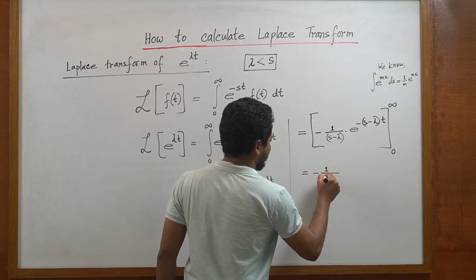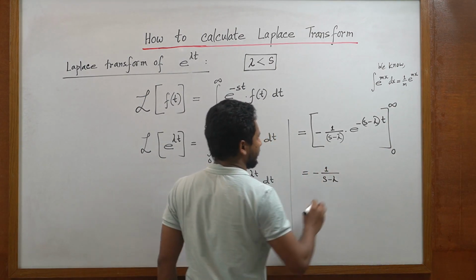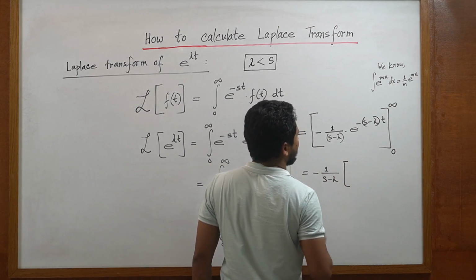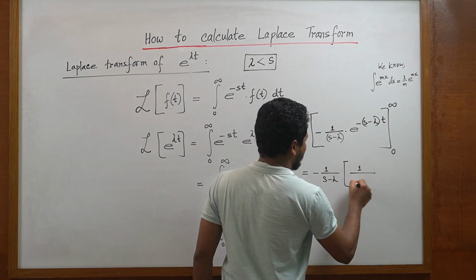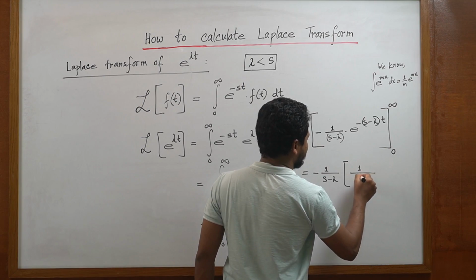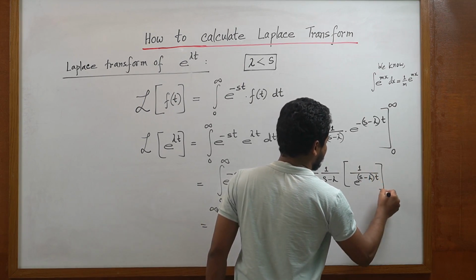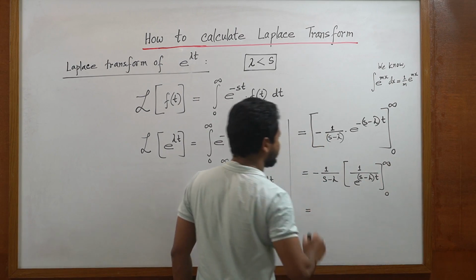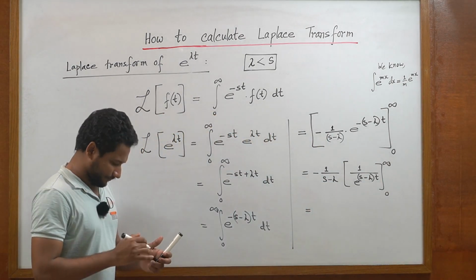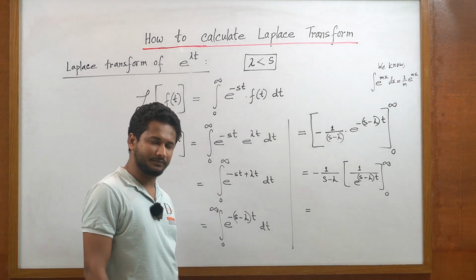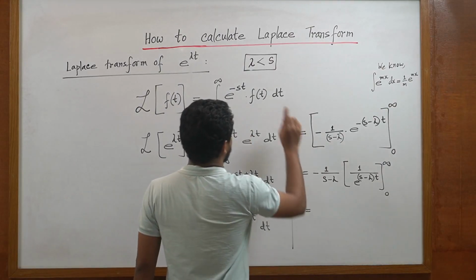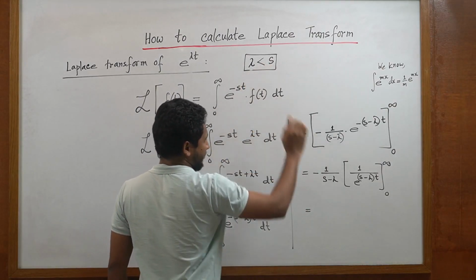Minus 1 by s minus lambda, 1 by e to the power s minus lambda t, from 0 to infinity. Now that's the part: lambda less than s.